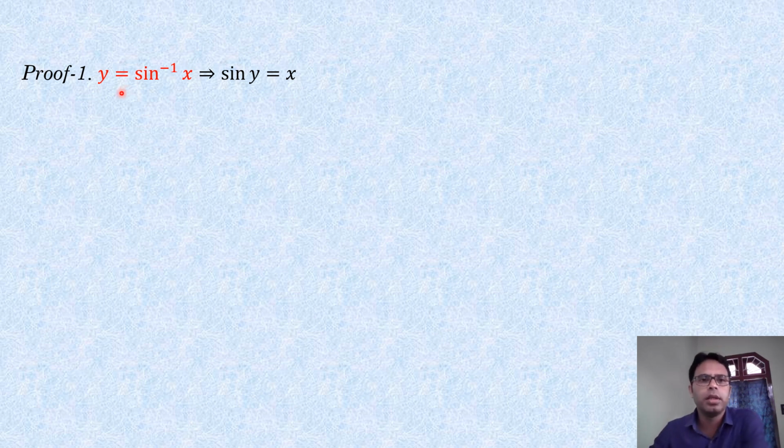So y is equal to sine inverse x, then sine y will be equal to x. Now this is an implicit function, and already we know the differentiation process of implicit functions.